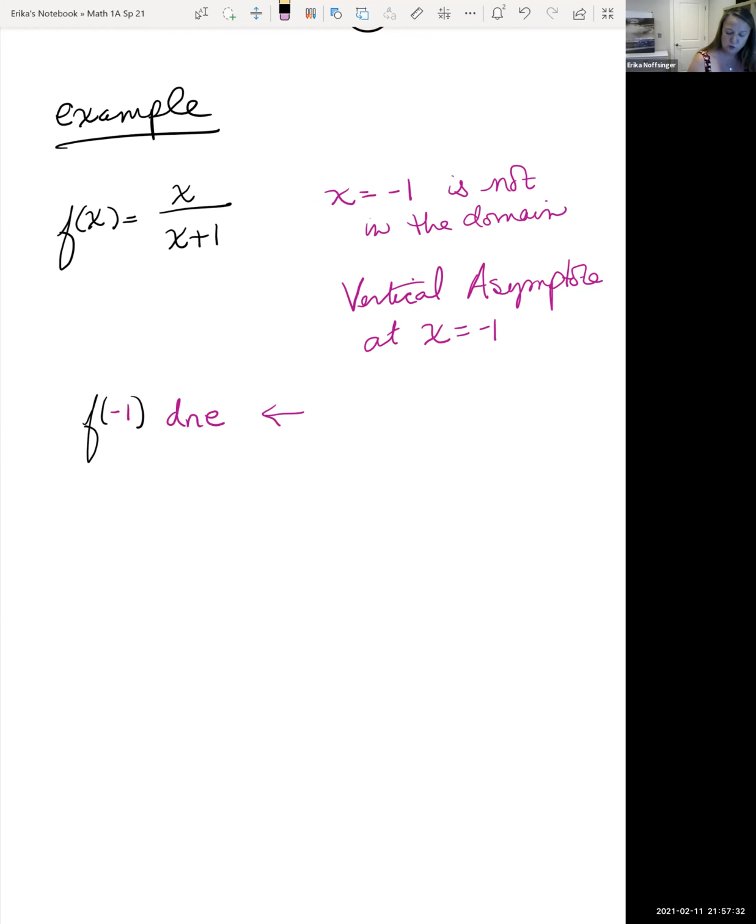So here's one condition. It has to exist in order for it to be continuous there. So therefore, f of x is discontinuous at x equals -1.